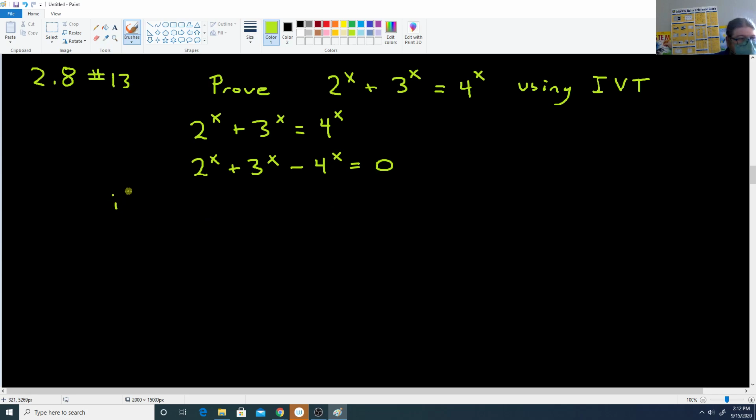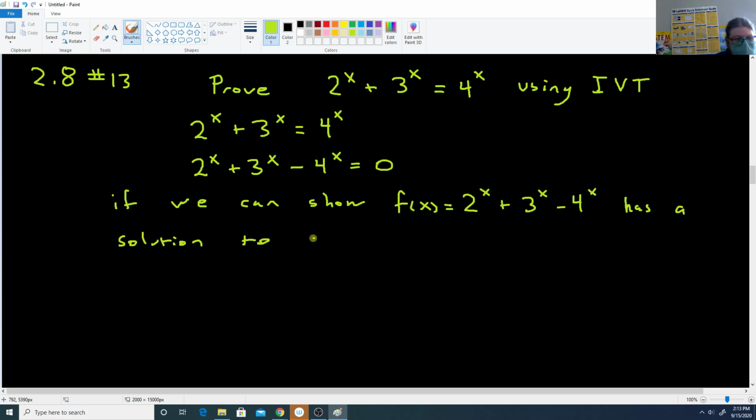So if we can show that the function f of x equals 2 to the x plus 3 to the x minus 4 to the x has a solution to that function equaling 0, then that will be equivalent to showing 2 to the x plus 3 to the x equals 4 to the x has a solution.